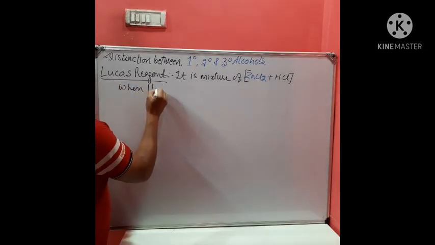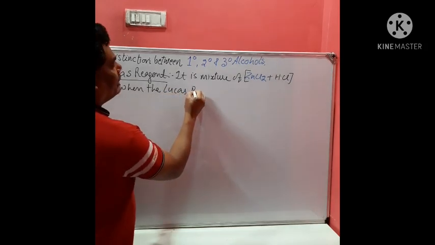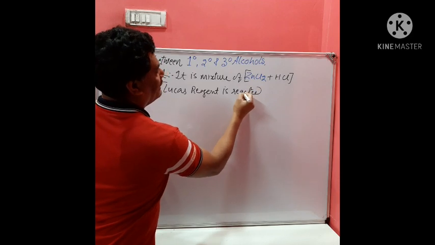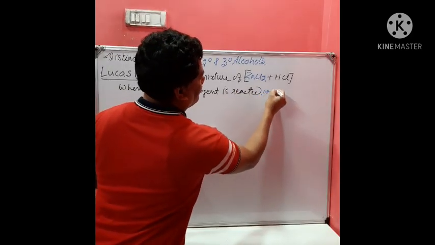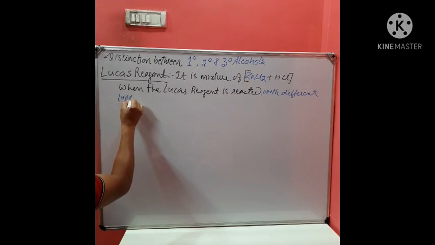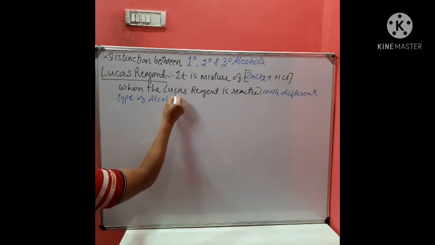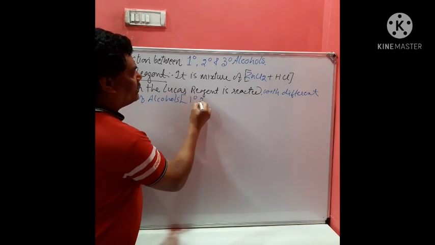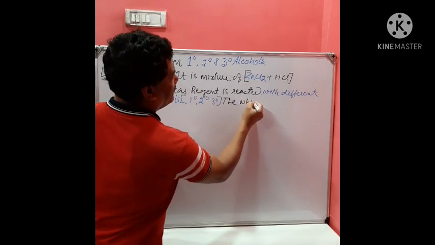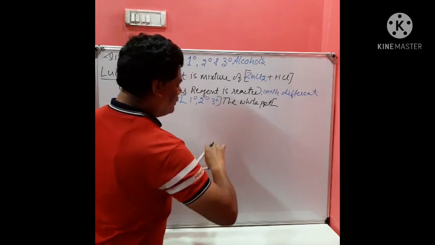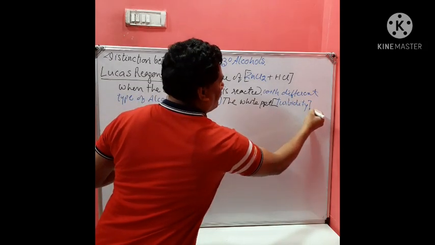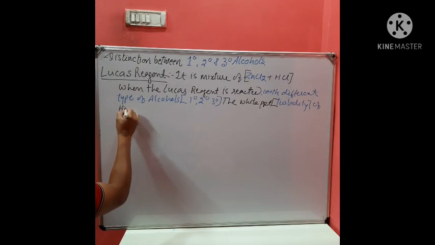When the Lucas reagent is reacted with different types of alcohols, like 1 degree, 2 degree and 3 degree, then a white precipitate, which we call turbidity, of haloalkane is formed.